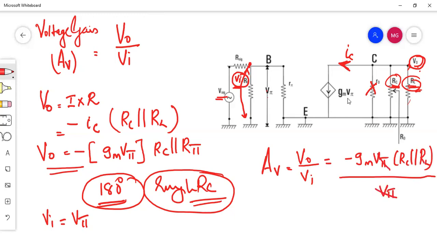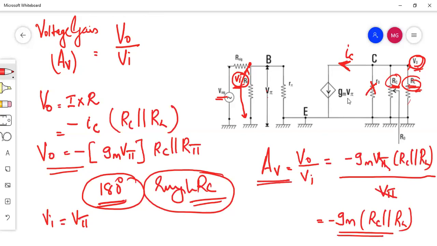This V pi cancels, so I get minus gm into RC parallel RL. This is the voltage gain. It is considered not with respect to the signal, but this input voltage and this output voltage. That is voltage gain AV.